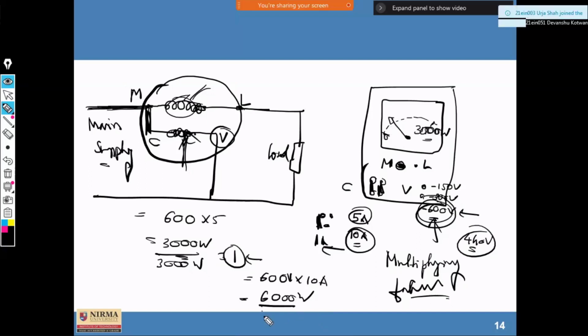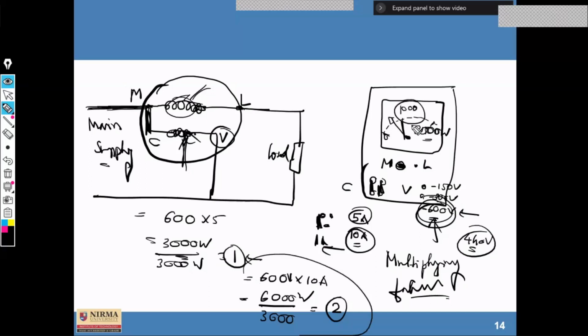So if it is divided by 3,000, then we have a 2. So the multiplier is 2. Whatever reading you measure on the wattmeter, suppose you measure 1,000 in the second case, this 1,000 would become 2,000, because the multiplying factor is 2. I hope all of you understood this very clearly.